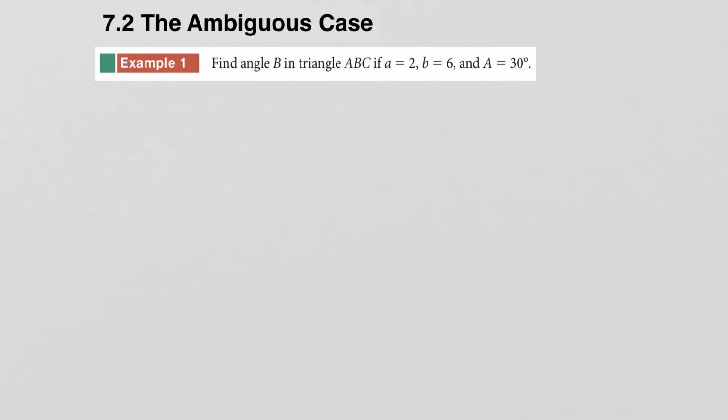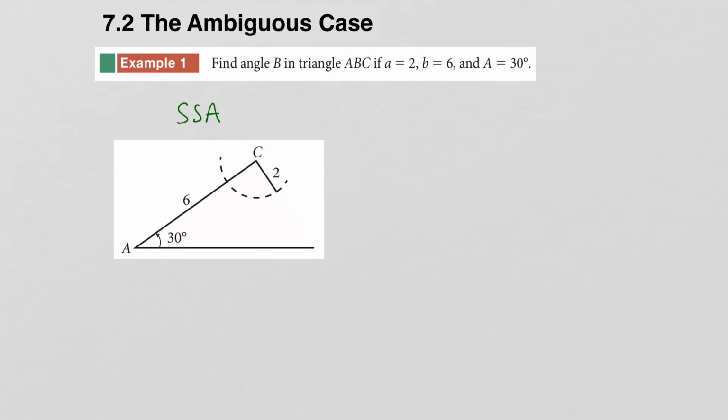One final thing that I want to say before going on to do more examples is this situation is what we call the side-side angle situation, SSA. It's called this because what you have been given is two sides and an angle that is not in between the two sides. If you look at the situation, we had a side here, we had a side here, so that's side, side, and then the angle is not in between the two sides.